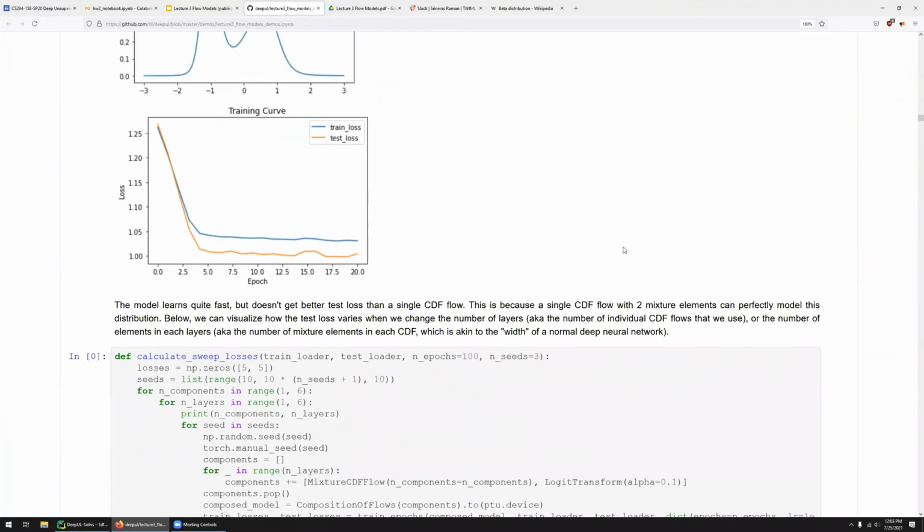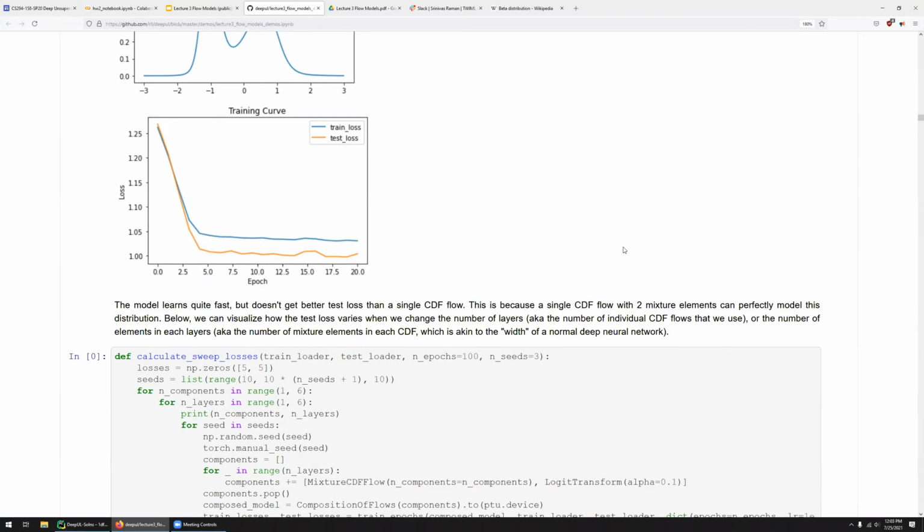Sorry, that last line is interesting because he says that when you change the number of layers, that means this combination of flows and nonlinearity. But then the other comment, which is also interesting, at least it gives us a way to think about it, is the number of elements in each layer is the number of mixture elements in each CDF, which he says is akin to the width of the deep neural network.